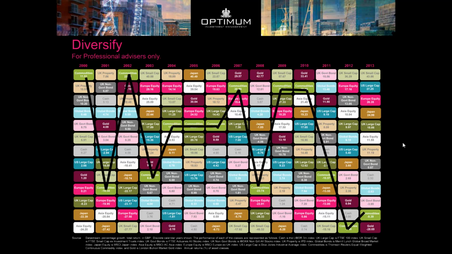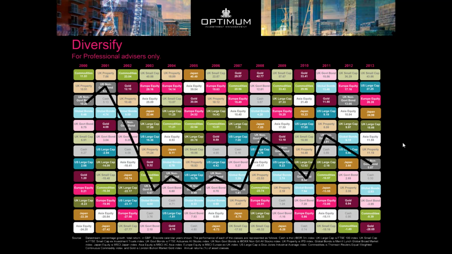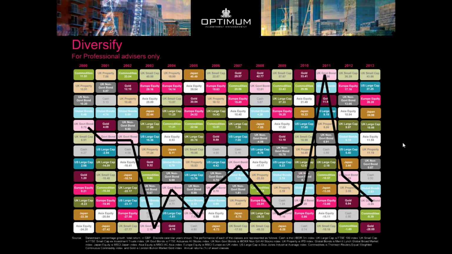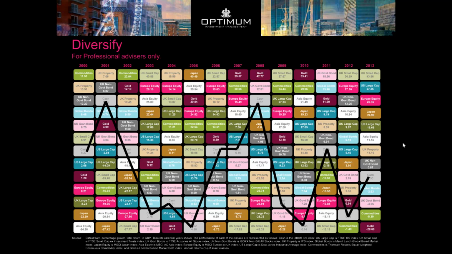Depending on the type of asset, some are more volatile than others, i.e. they bounce up and down much more, but there is no asset class that maintains a consistent, positive, up near the top of the table return. So UK property is the same, non-government bonds is the same, global bonds are the same, government bonds, similar performance, small caps, up and down, cash, up and down.